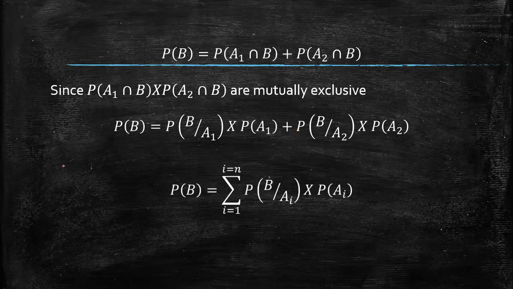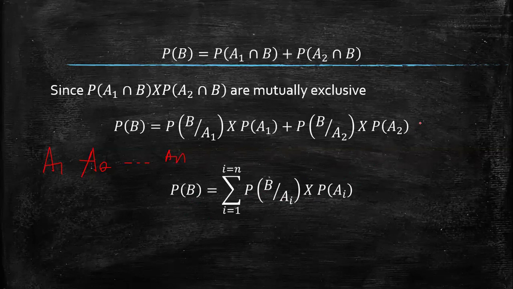And if we have events which are endless, A1, A2, up to AN, then this is how Bayes summarized it: we sum up probabilities from i equal to 1 up to i equal to N, substituting in probability of B given Ai times probability of Ai.